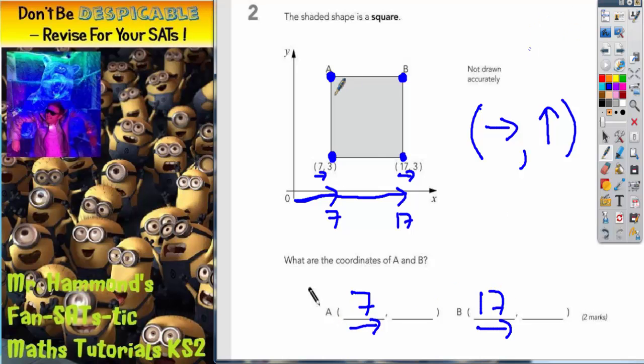What we need to do now is figure out how far up A and B are. Well, there are no numbers up the side to help us, but what we can do is say that if this point is 7 across and this point is 17 across, the gap between them must be 10, because the gap between 7 and 17 is 10.